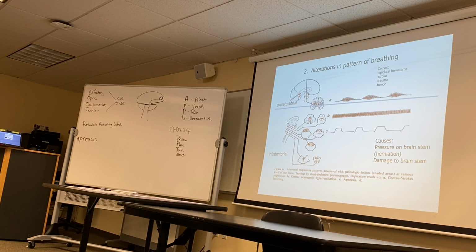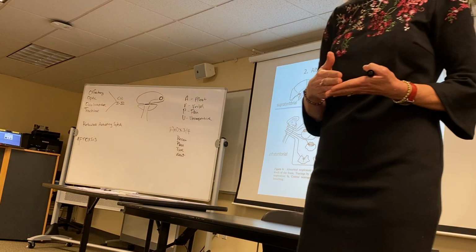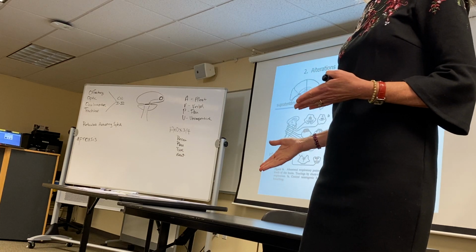But the big thing to remember, you guys, is noticing that there is dysfunction. Notice the abnormality. Describe the abnormality to your healthcare partner, which is your physician. Sometimes you don't even need to label it. Just say, Dr. Smith, I'm calling you today because I'm concerned about Mr. Jones.